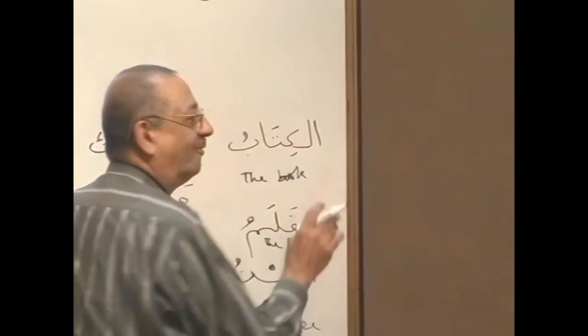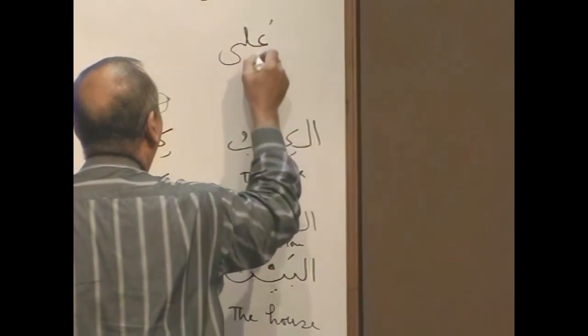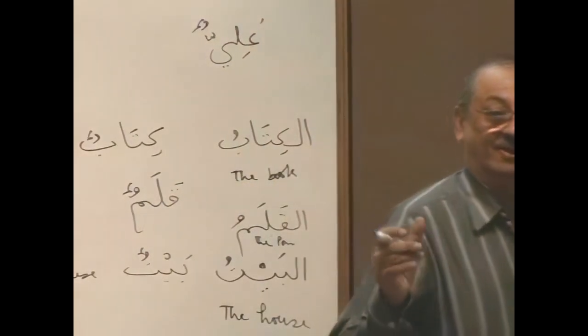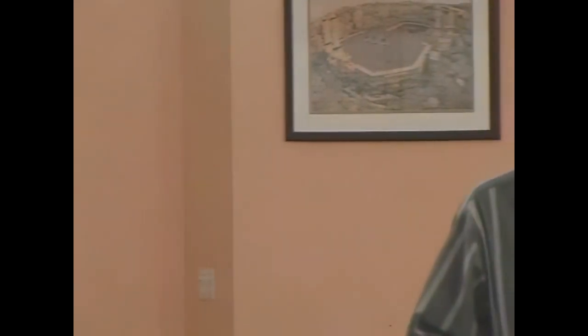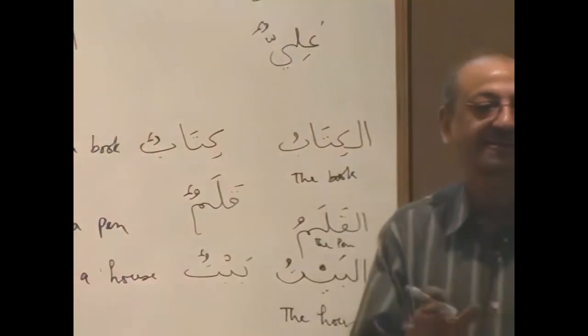If I say Ali, how do you write Ali? We always say Ali, but truly speaking, Aliyun. See tanween? Tanween is normally the sign of a noun which is indefinite. But in the case of proper nouns, the tanween doesn't make any difference. It means the noun is definite.